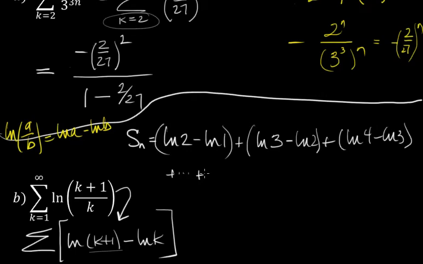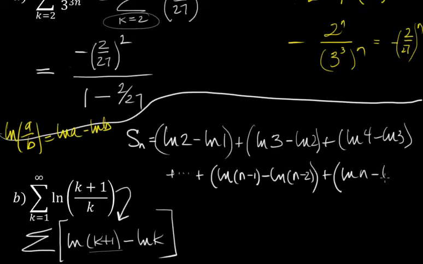So when k is n minus 2, I'll have the natural log of n minus 1 minus the natural log of n minus 2. Plus, when k equals n minus 1, natural log n minus natural log of n minus 1. And then the last term is the natural log of n plus 1 minus the natural log of n.